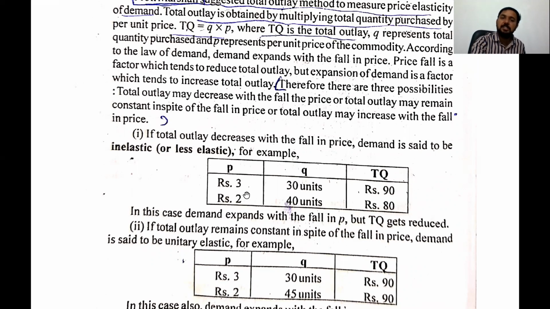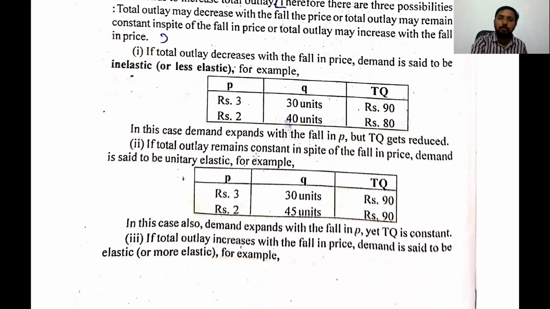When the price decreases, demand will increase. So when the price is rupees 2 and demand is 40 units, the total outlay will be rupees 80. So here we have got a decreased outlay.